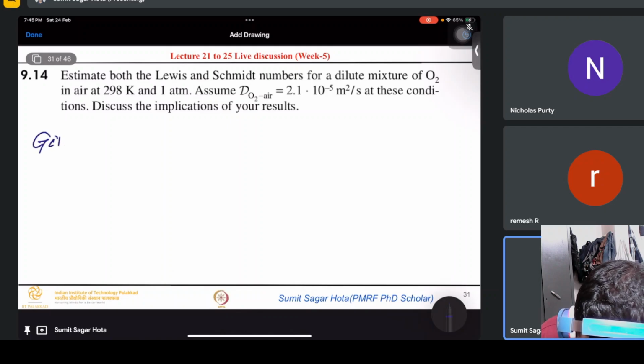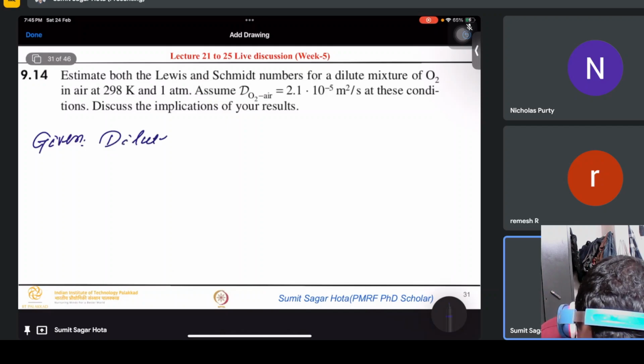Let's quickly go through it. Dilute mixture or dilution.